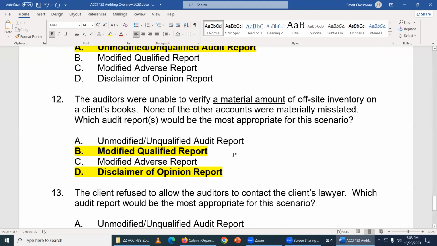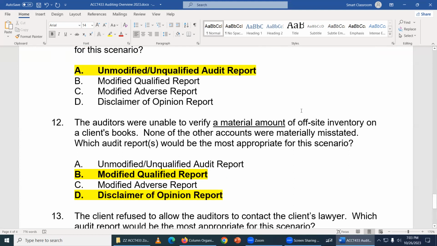It's possible for one like this that you could also give a modified qualified report. You would tell them basically that this offsite inventory could not be verified. So even if it was materially misstated, it would not be pervasive. All the other accounts you can look at are fine, the cash and accounts receivable and all that kind of stuff, but this one account was off.